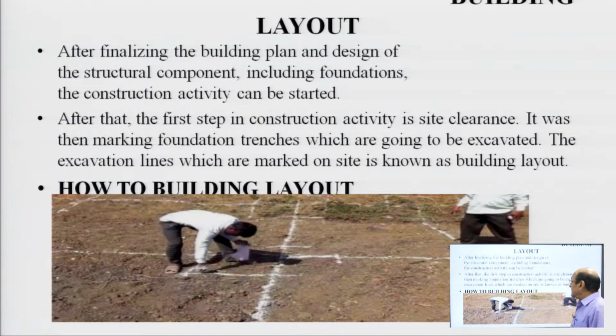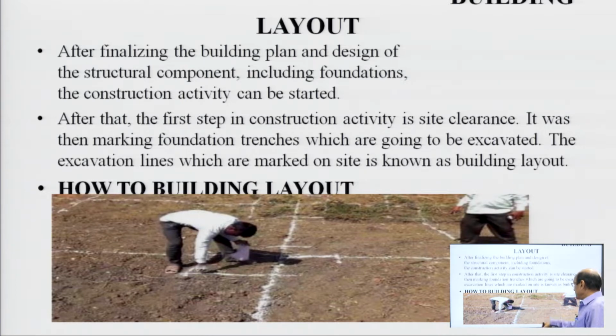After that, the first step in the construction activity is site clearance. So, if anything is there at the construction site, that should be removed, that comes under the site clearance. So, the things should be marked on the ground. How to do building layout?